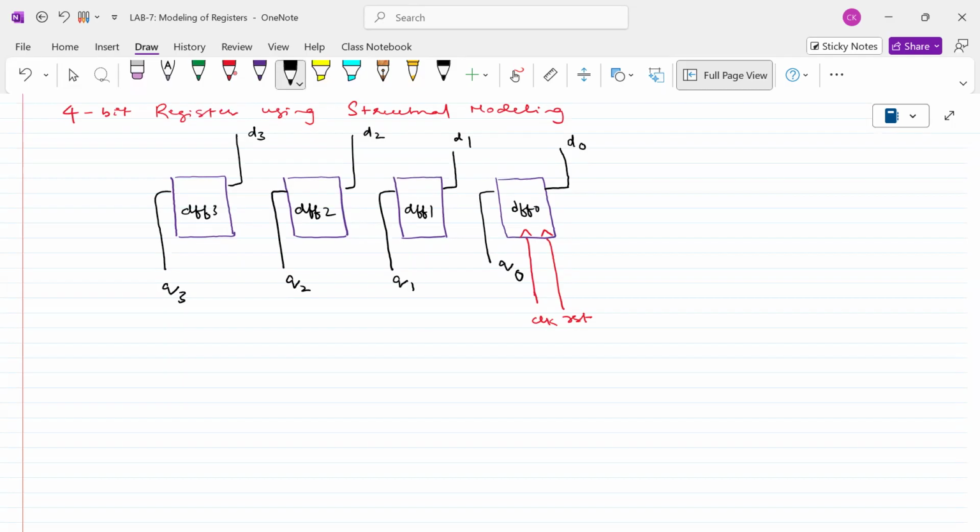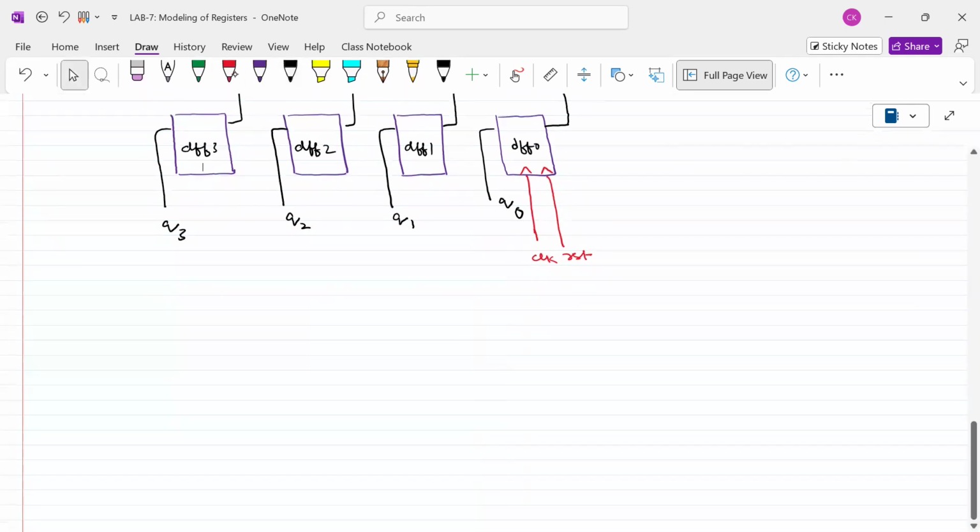Now every flip-flop needs a clock signal and reset signal, right? Therefore, I can extend the same clock signal and same reset, connected to all these flip-flops.